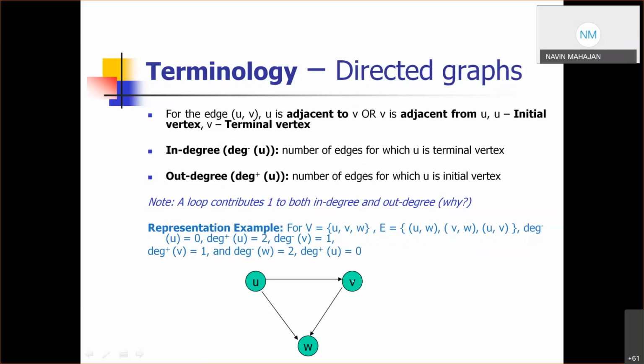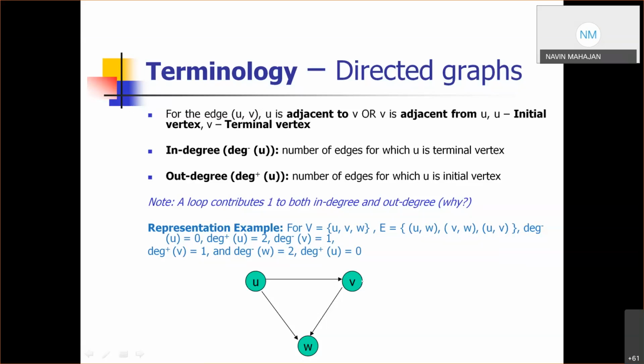This is when it is a directed graph. We can take this example here. Sometimes we call V the head of the edge and U the tail of the UV edge. In-degree is the number of edges for which the vertex is the terminal vertex. So for V, one edge is terminating, so the in-degree of V is 1. Out-degree is also 1 because one edge is going out.